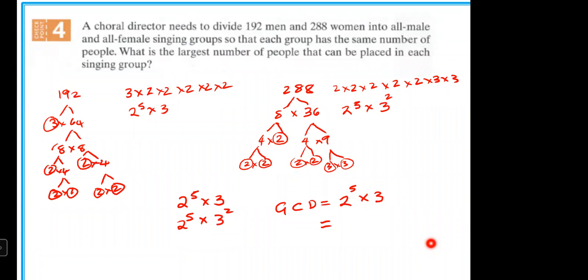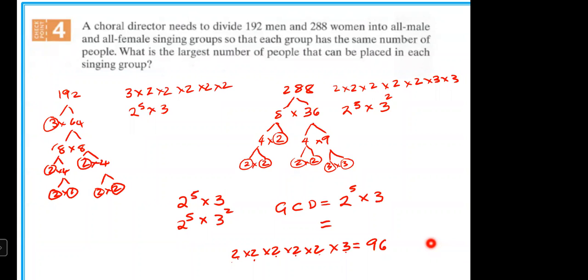So if you want to do it the long way, 2 times 2 is 4. 2 times 4 is 8. 2 times 8 is 16. 2 times 16 is 32. And 32 times 3 is 96. Yep. So the answer is 96.